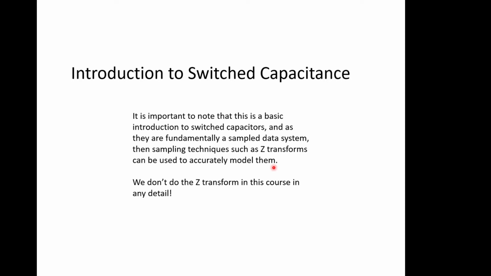You might well have done them in signal processing courses. We will do a little bit more on Z transforms when we come and look at A to D converters, but I'll only tell you what you need to know about them, not all the details of it, so you get the general idea. So don't worry too much if you don't know what a Z transform is.